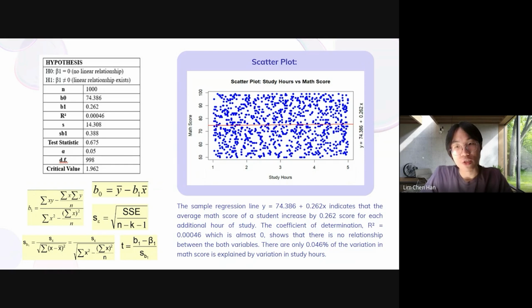The coefficient of determination, R-square, which we get from the formula, is 0.00046, which is almost 0. So it shows that there is no relationship between both variables. It means that only 0.046% of the variation in math score can be explained by variation in study hours.